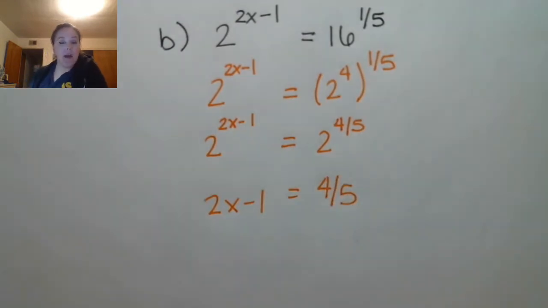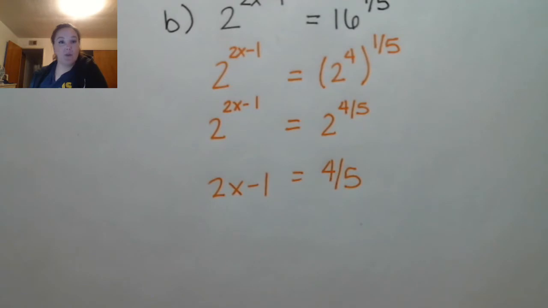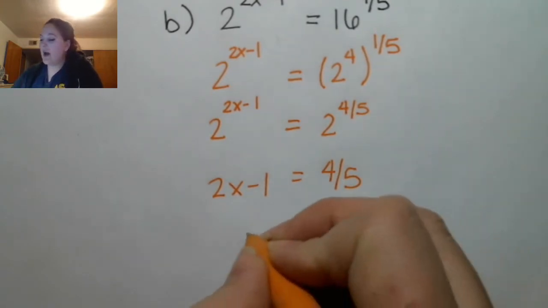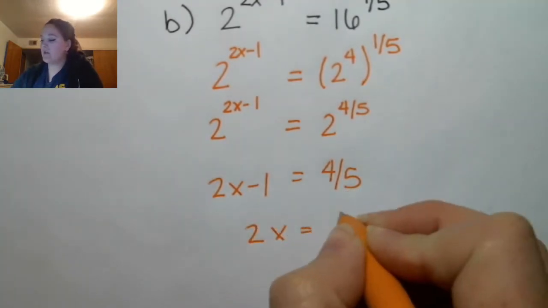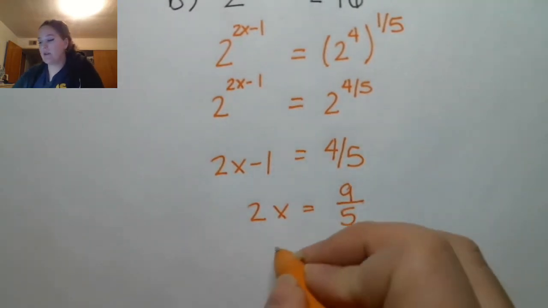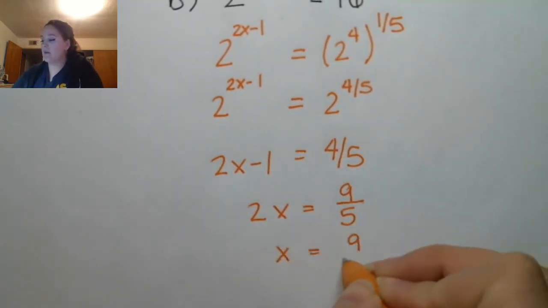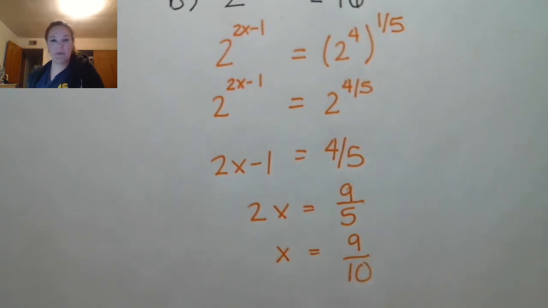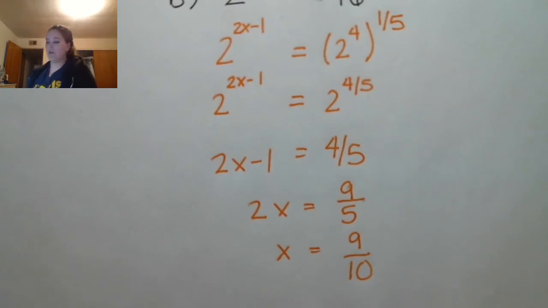And then we can finish solving this normal linear equation. Add 1 to both sides, and divide both sides by 2. All right. Let's look at a few more examples of this.